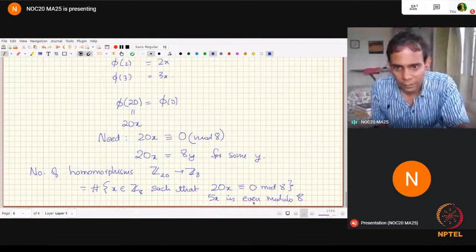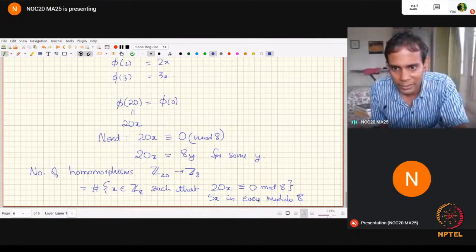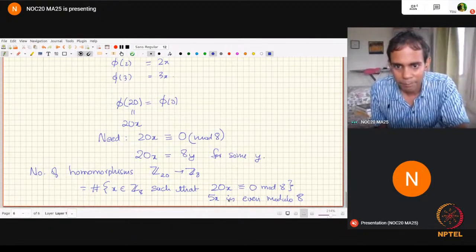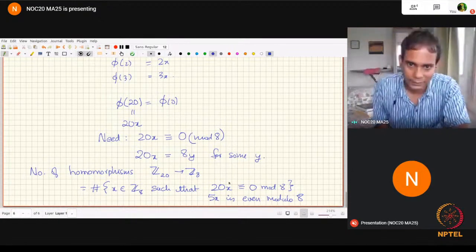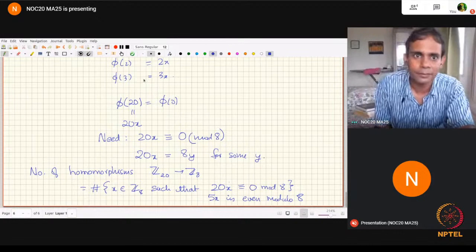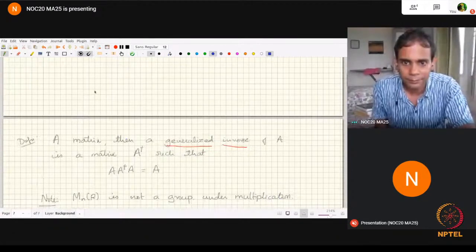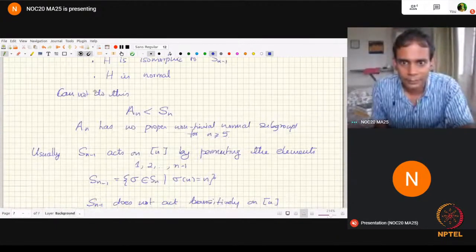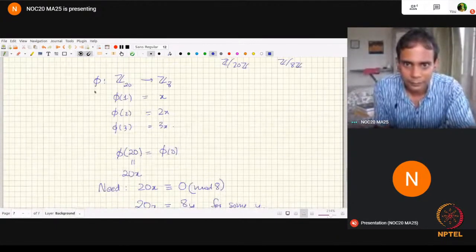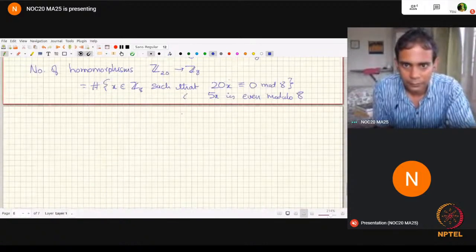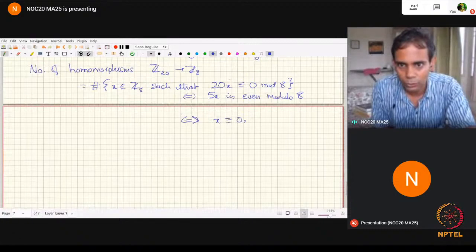Or rather, 5x has an even residue modulo 8. But since 5 is odd, this means that x is even modulo 8. So this is the same as saying that x has to be congruent to 0, 2, 4, or 6.